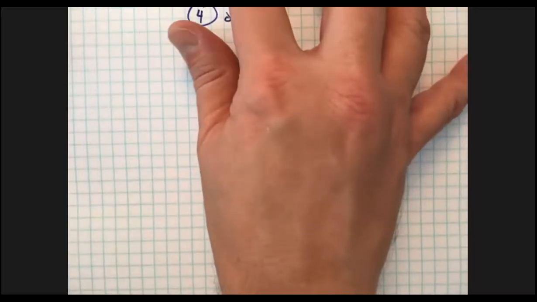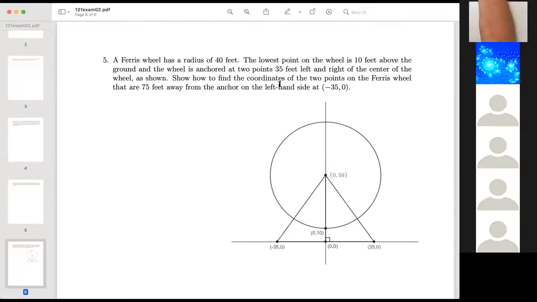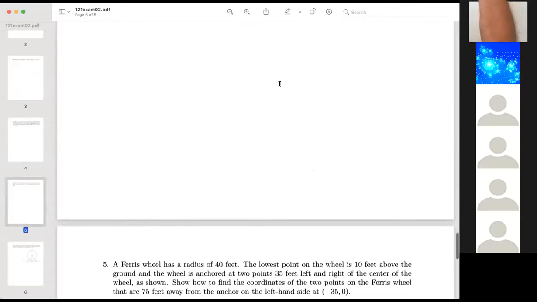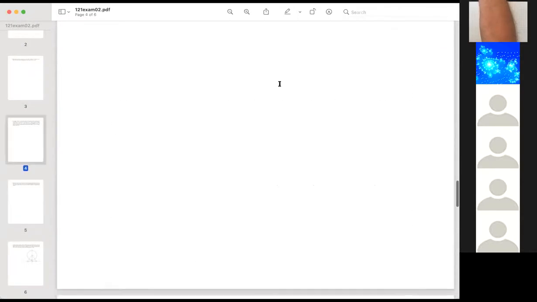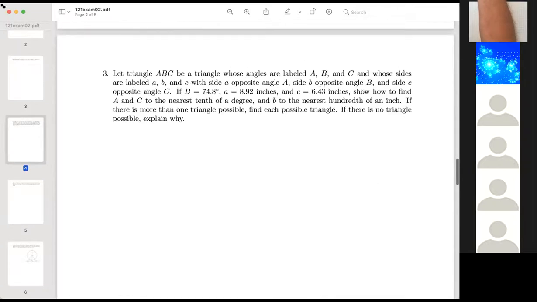But just to make sure we're all on the same page, let's look at the problem that Trevor's referencing. Here we're back to the exam. And problem number 3 is right here.